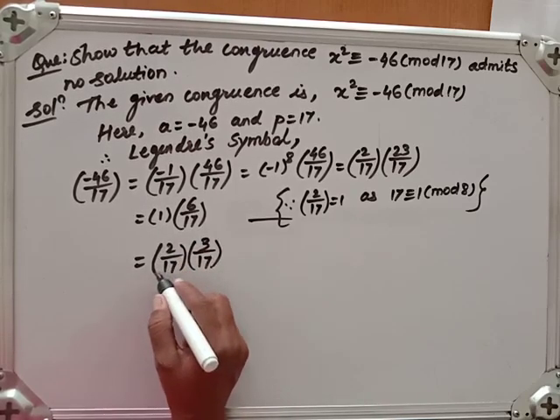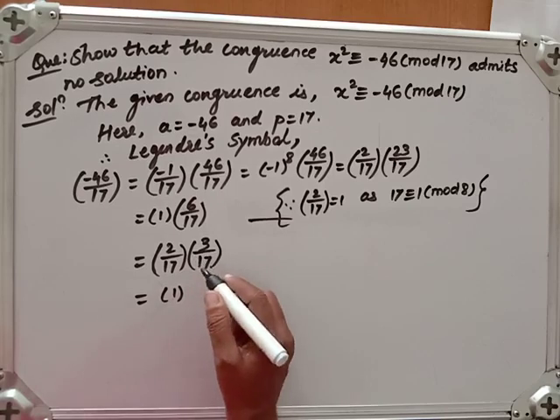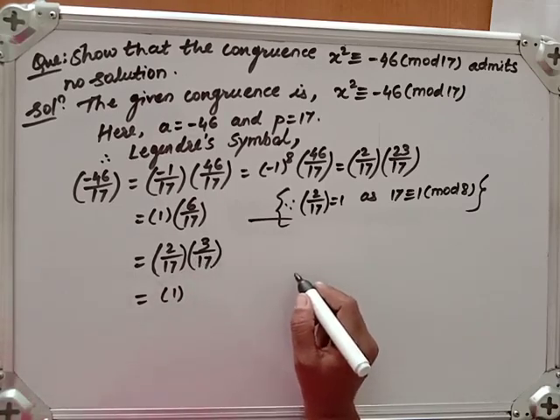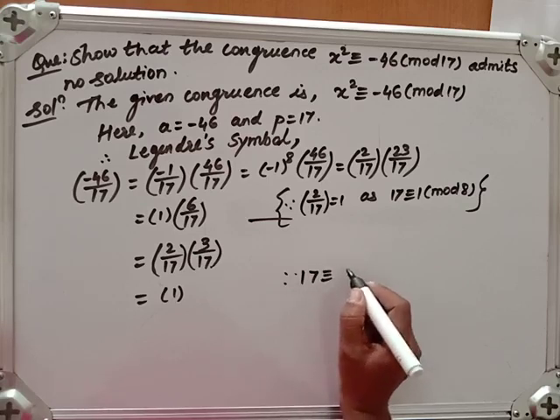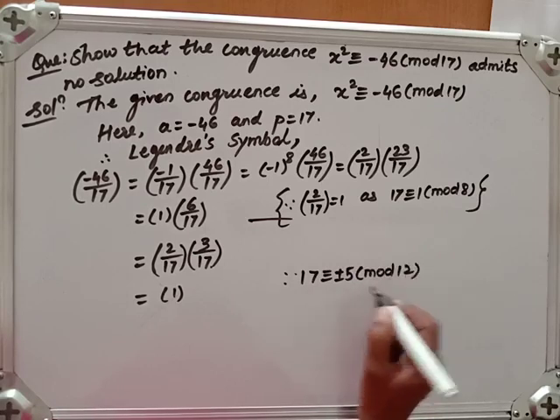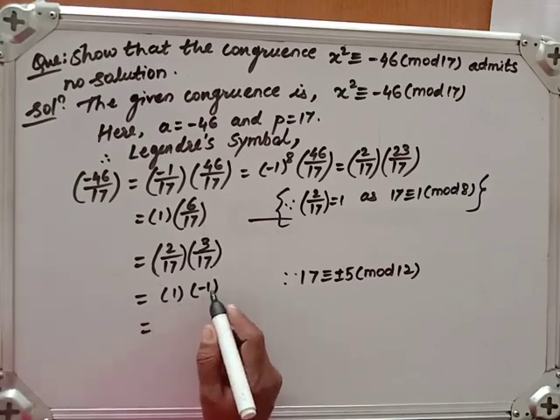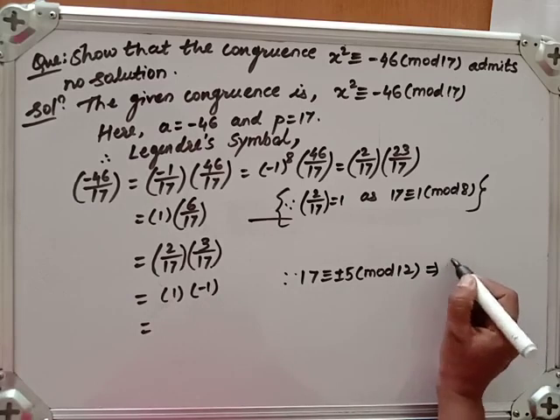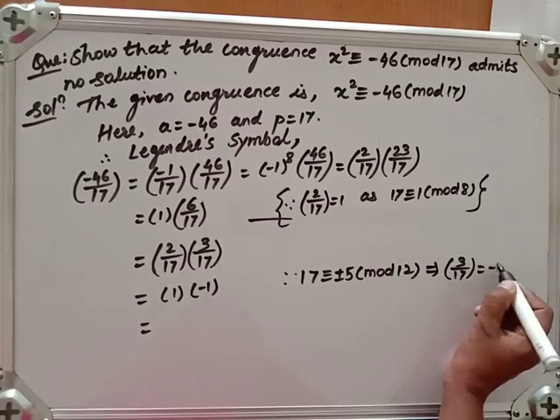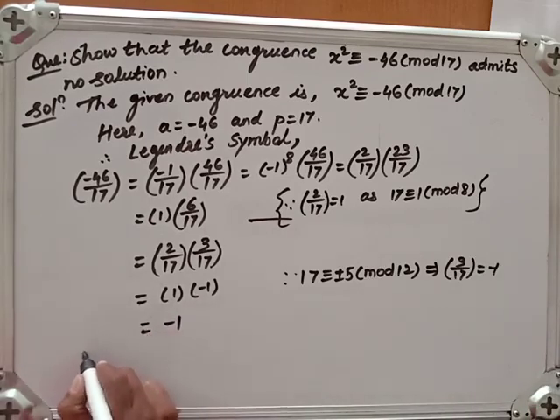Again the Legendre symbol of 2 by 17 will become 1, and for the Legendre symbol of 3 by 17, 17 is congruent to plus minus 5 modulo 12. It will be plus 5. So it is what? Minus 1. So 3 by 17 is minus 1. Therefore this is minus 1.